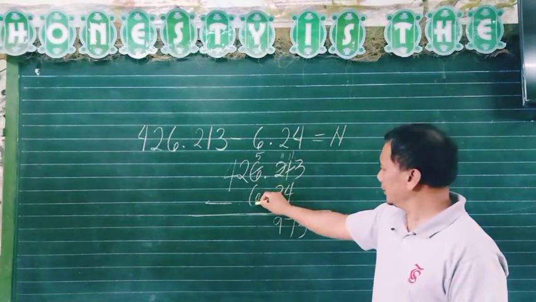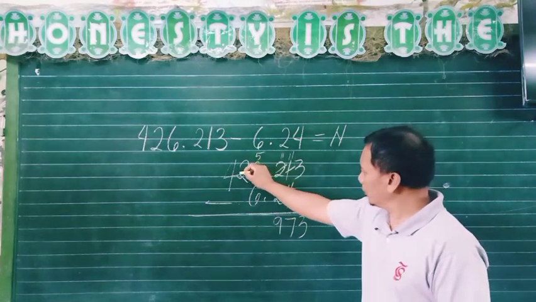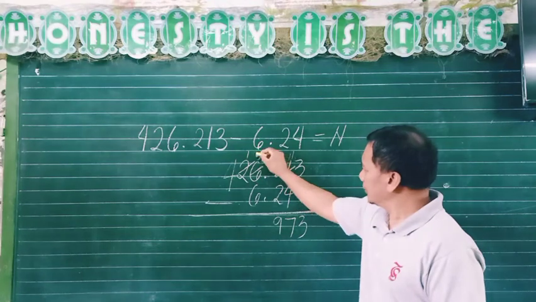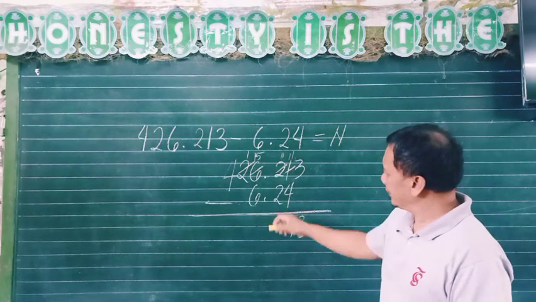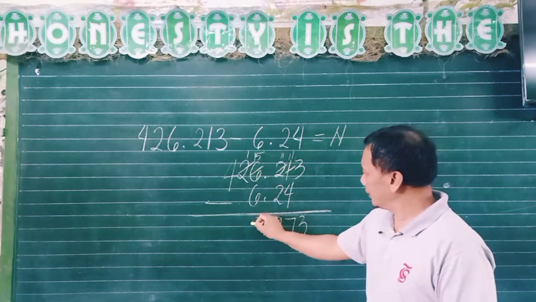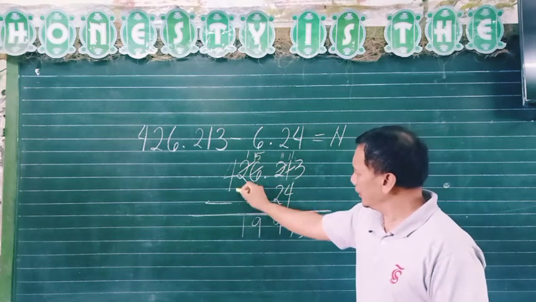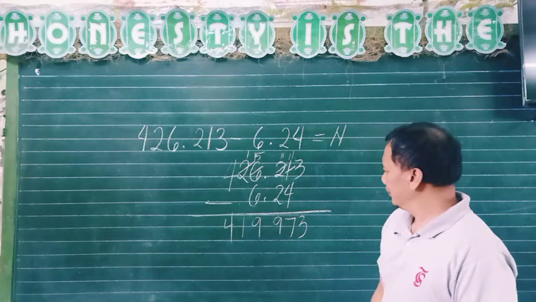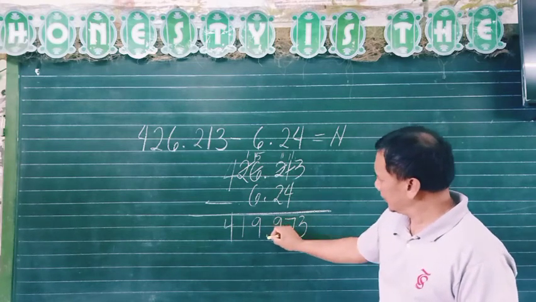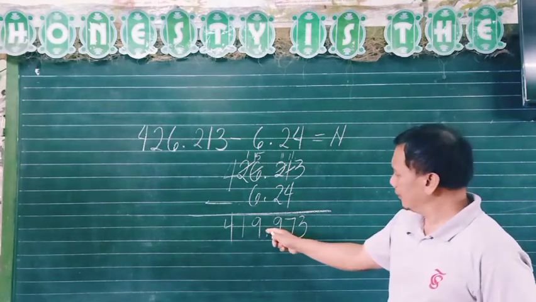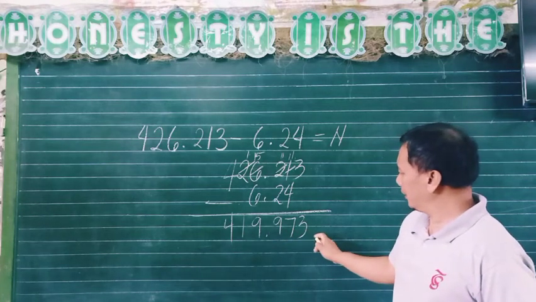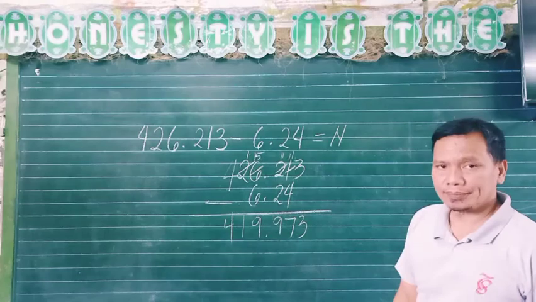So 5 minus 6 cannot be again, so you borrow 1 here. So it becomes 15, and this 2 becomes 1. So 15 minus 6 equals 9, and then bring down 1 and bring down 4. So the decimal point there, align. So the answer now is 419 and 973 thousandths.